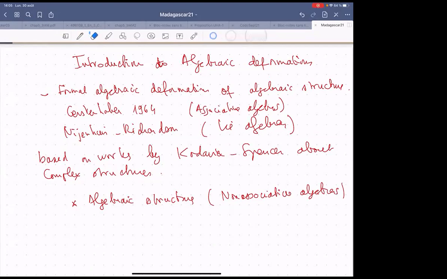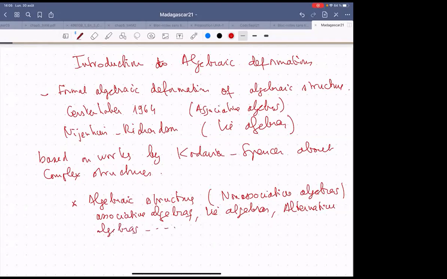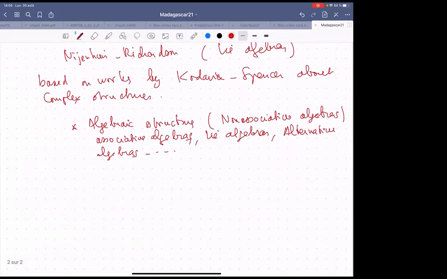This includes, of course, associative algebra, Lie algebra, and, as I saw Alberto Duque was talking about octonions, these are alternative algebra, etc. And of course, we can also deform other types of algebraic structures, like operators, or bialgebras.